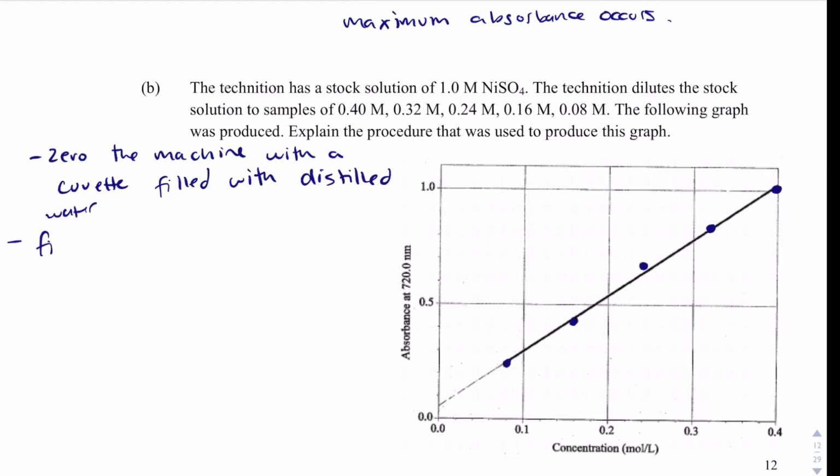We would find the wavelength where the maximum absorbance occurs. Remember, that's lambda, which is a wavelength sign. Find the wavelength where maximum absorbance occurs and set the machine to this wavelength.